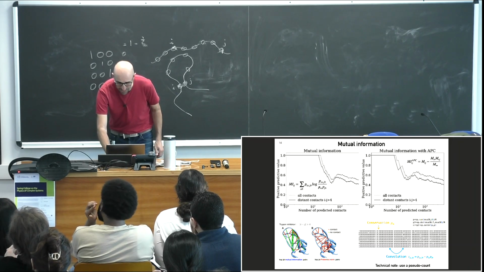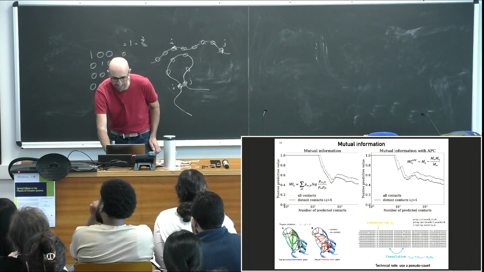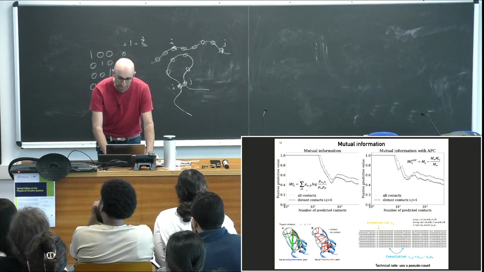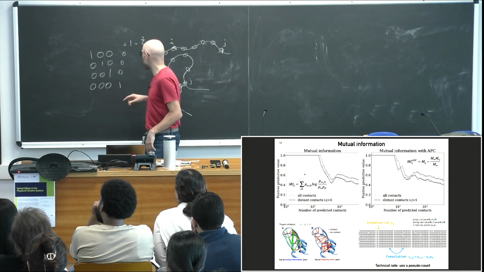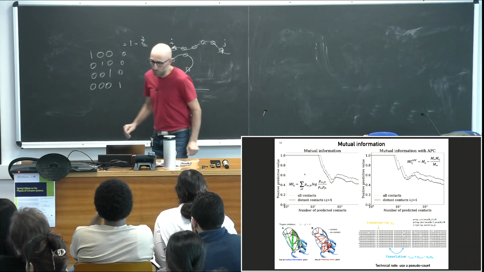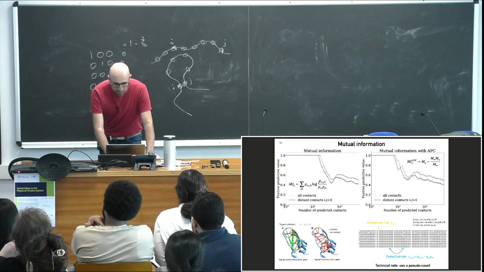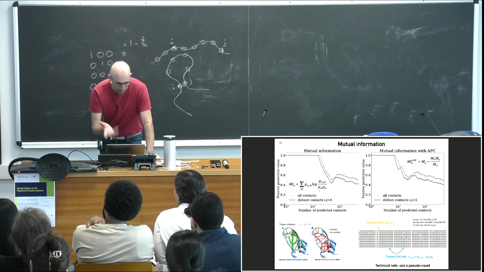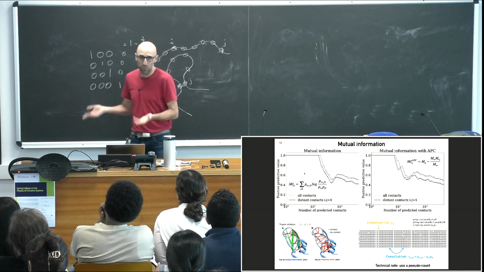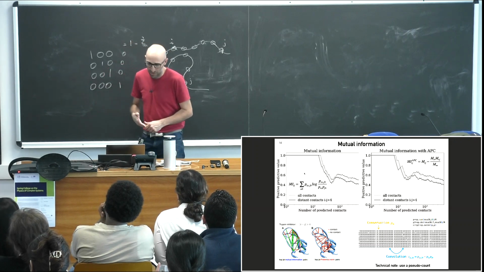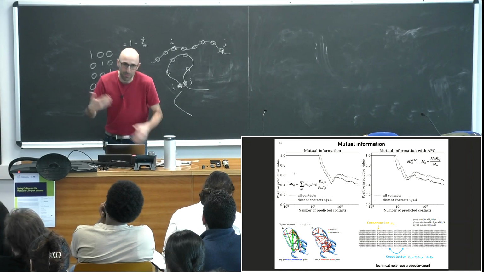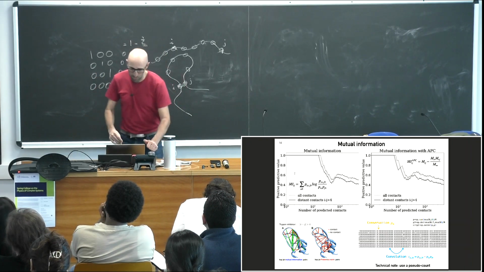In this case, it is the mutual information between site I and site J. So you fix I and J, and then you sum over all possible pairs of amino acids that you can put on these 2 sites, and you compare the logarithm of PiAjB with the product of the probabilities. If the sites are independent, this quantity is 0, and otherwise it is a positive quantity: the more correlation you have, the bigger the mutual information will be.